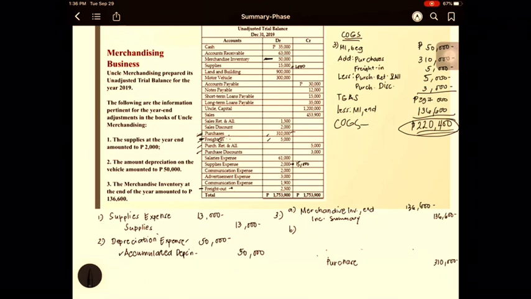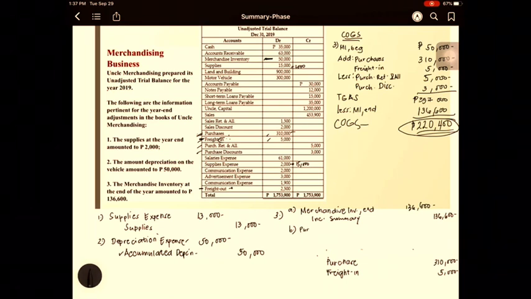Next, your freight in. Your freight in is originally debited, therefore to close its amount we have to credit it. So credit freight in, we have 5,000 pesos. Next, we have purchase returns and allowances. They are originally credited, therefore to close them we have to debit this time.